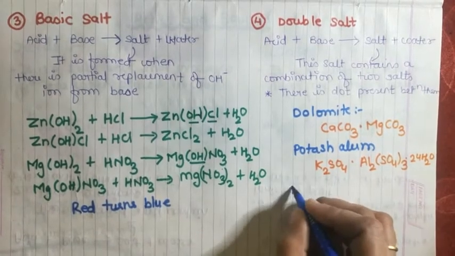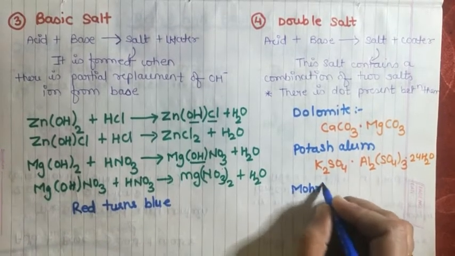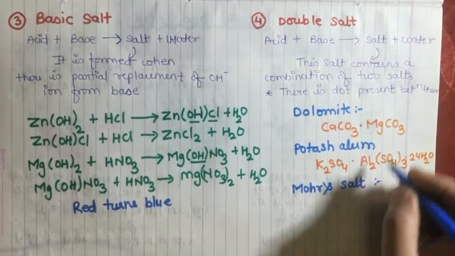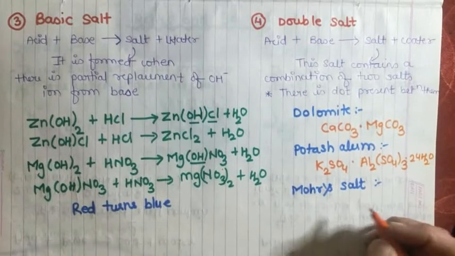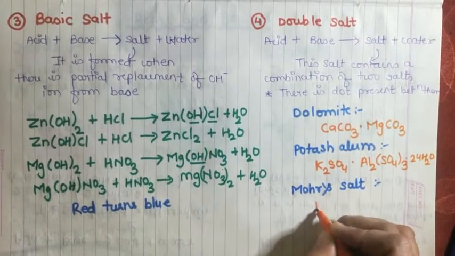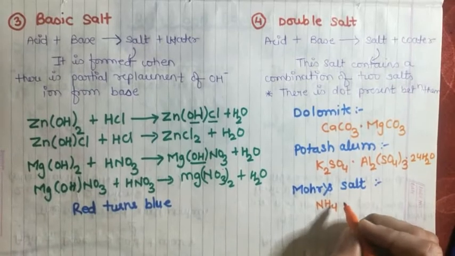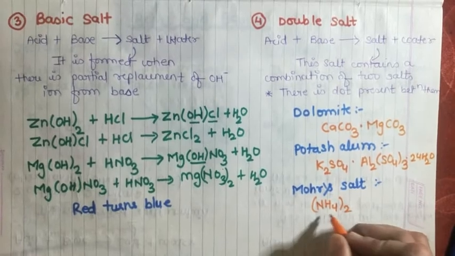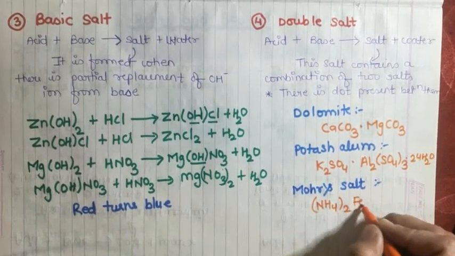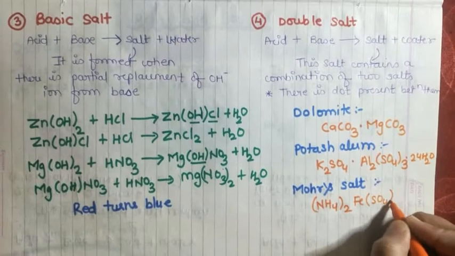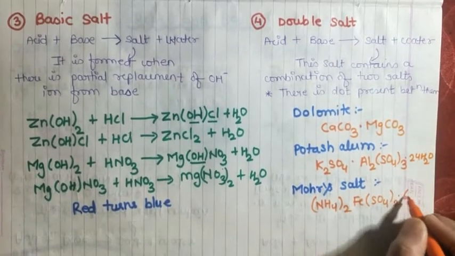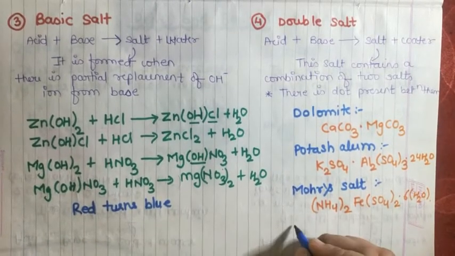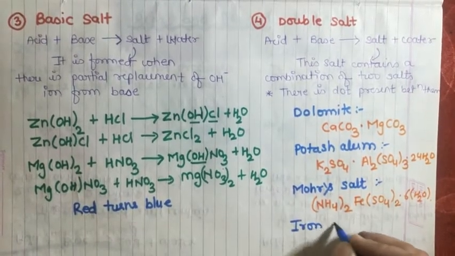Now, next example you can take Mohr's salt. So in this chapter, many formulas you have to keep in mind while studying this chapter, because the questions arise from these salts only. Name, formulas, very important. So you have to remember. So Mohr salt is ammonium ferrous sulfate dot 6H2O. And if we talk about iron alum, it is also a very important salt.